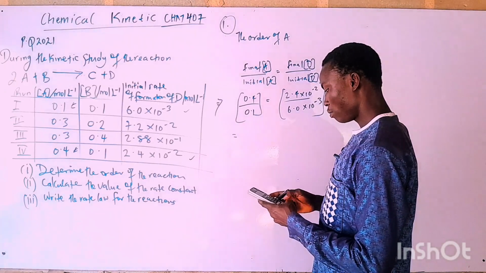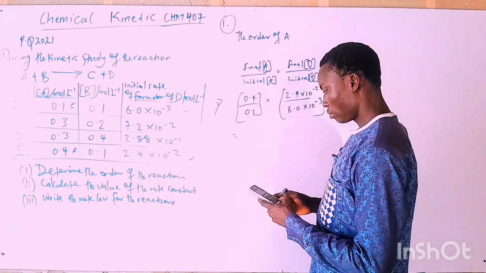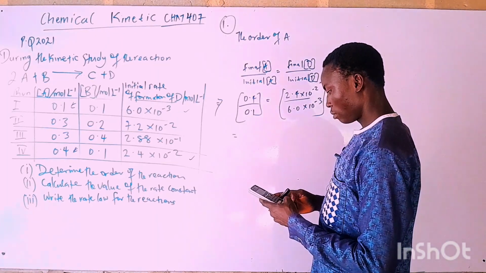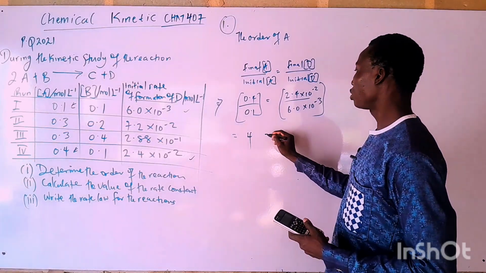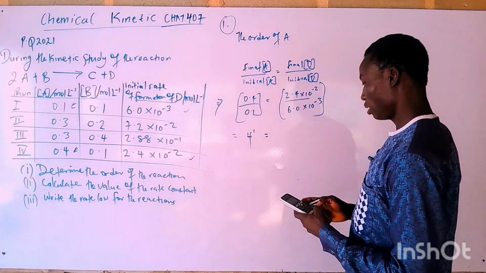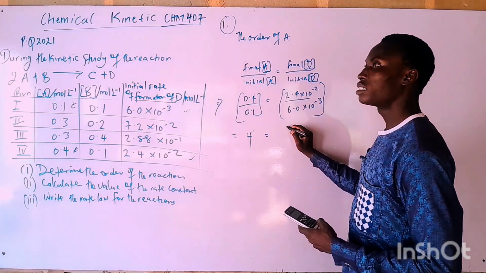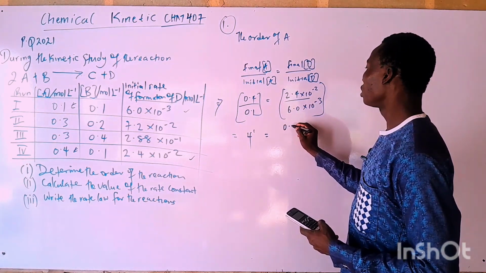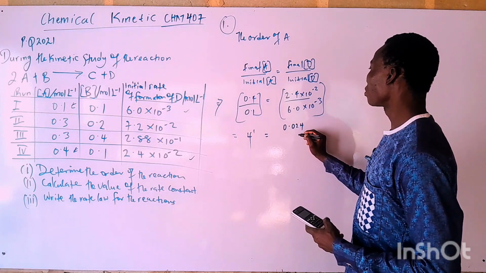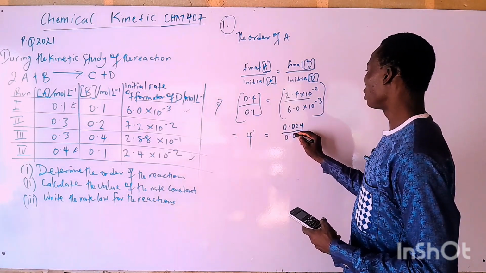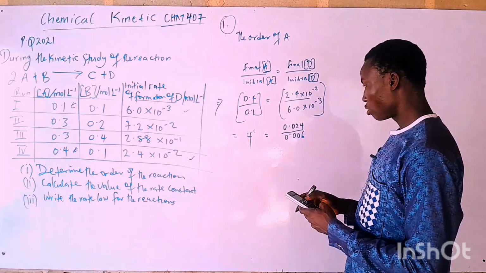Okay, so when you do the arithmetic of this one, what are you going to have there? 0.4 divided by 0.1 will give us 4. With respect to that, that is 4 raised to power 1. Now, in this place, when you do the conversion of this one, it is the same as saying 0.024 divided by 0.006.